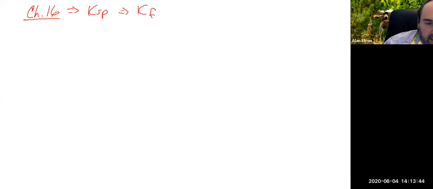So KSP is the solubility product, right? And remember that these are the equilibrium constants for things that are typically insoluble.